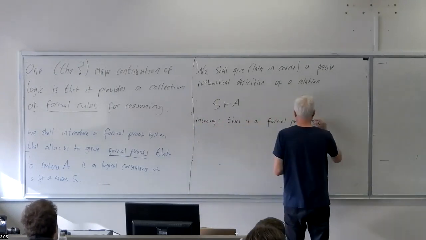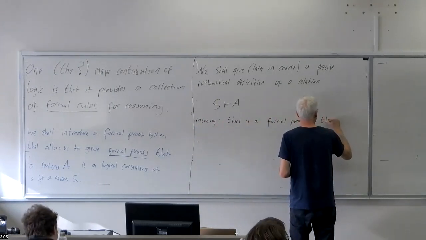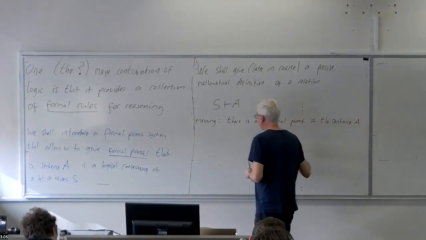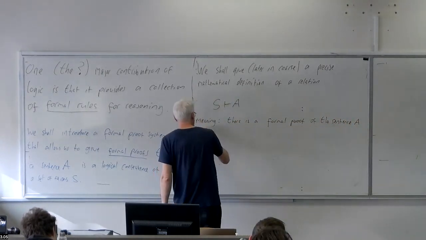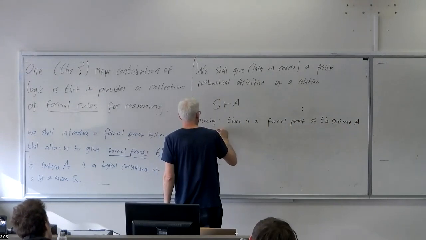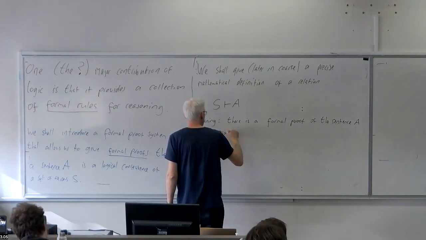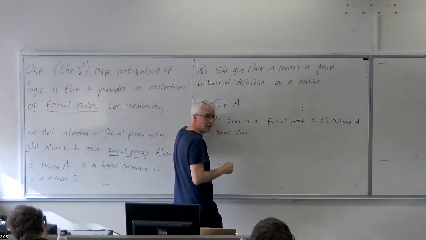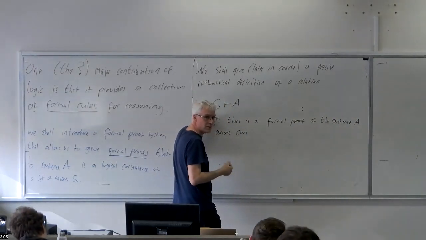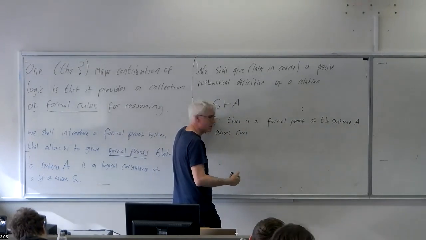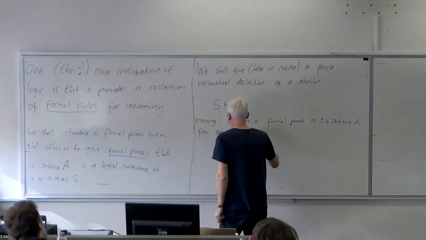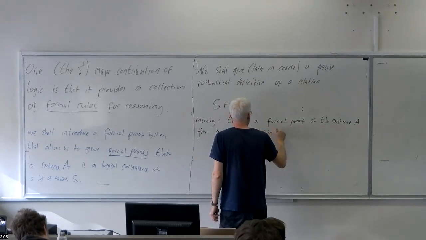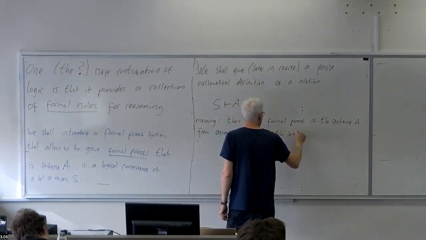There is a formal proof of the sentence A showing that it follows from axioms contained in the set S. You don't need to use all the axioms in the set S, but you have to make sure that any axioms you use come from the set S.